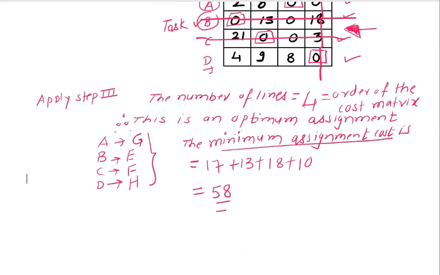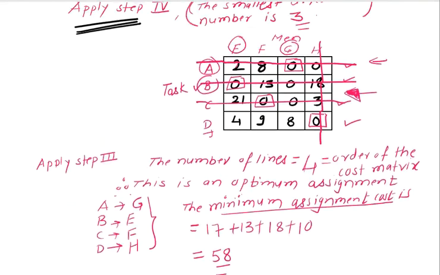Now in this matrix, cost means the time taken by these four persons to perform these four tasks. So when these four persons perform these four tasks, these 58 minutes are required at minimum. This is the optimum assignment.